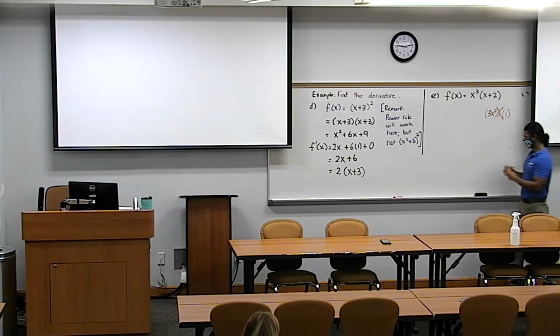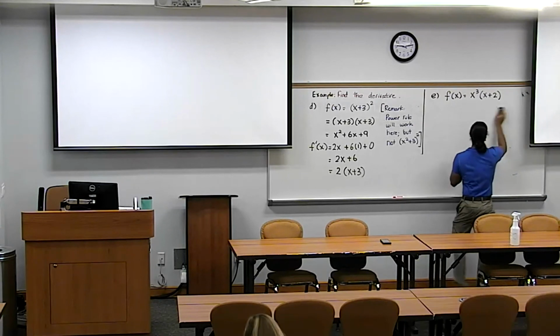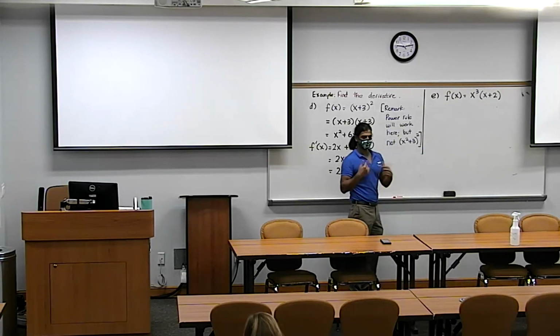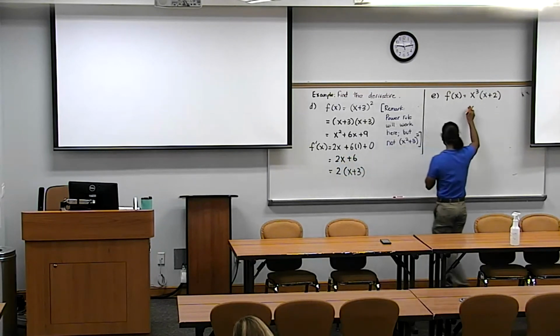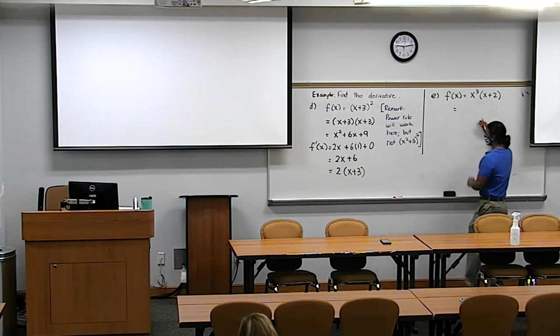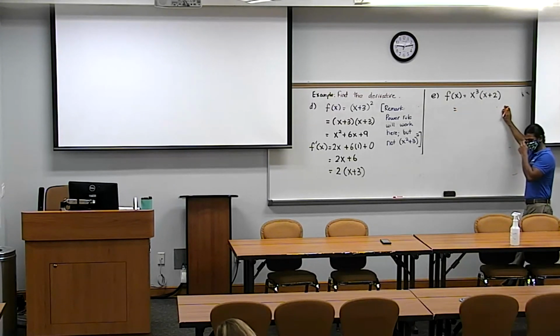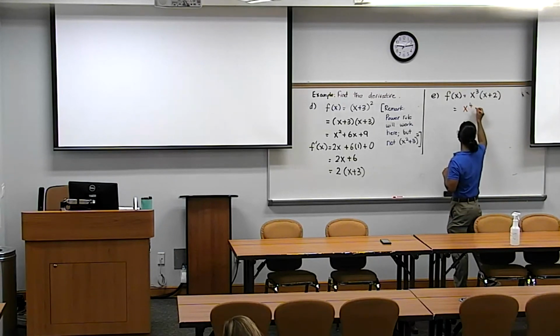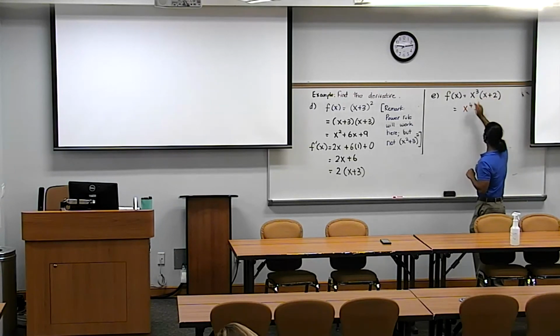It's in a product, so you cannot do it directly. Again, later on there is a rule called product rule, which will make the process easier. So the first thing that you have to do is to distribute and rewrite that function. X cubed multiplied by x is x raised 4. 2 multiplied by x cubed is 2x cubed.